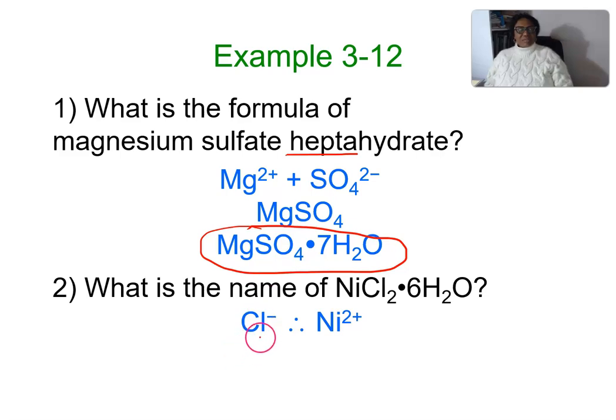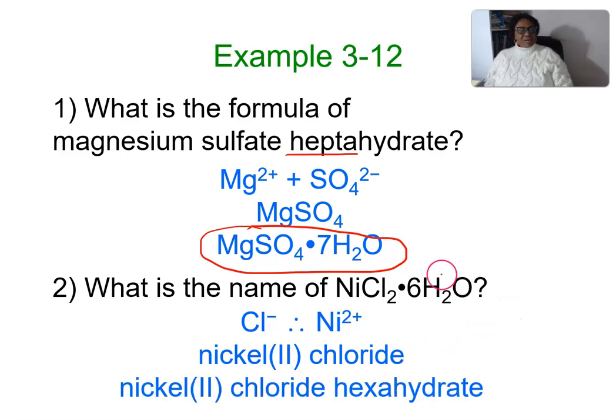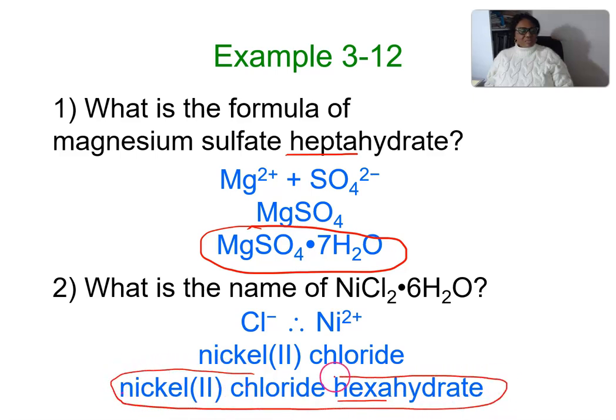So this is the anion and this is the cation. So it's nickel(II) chloride. Then we have 6 water molecules, which is hexa. Then water is hydrate. So this is the name of this compound.